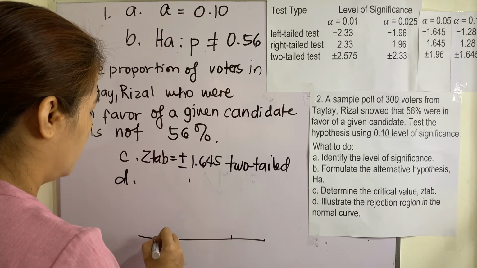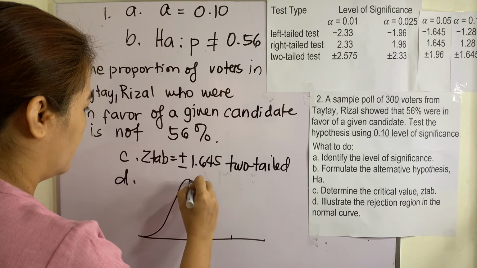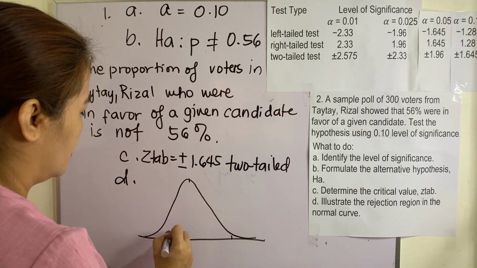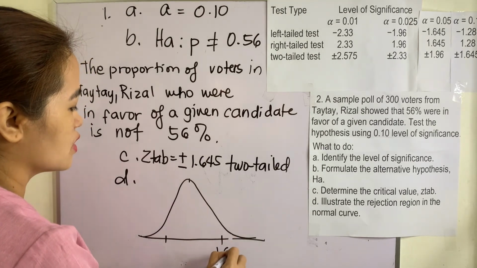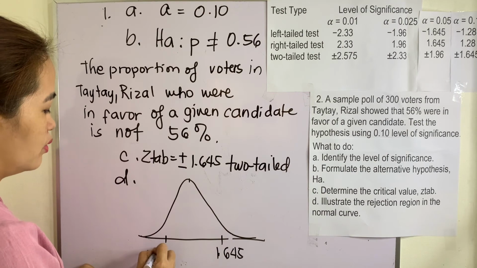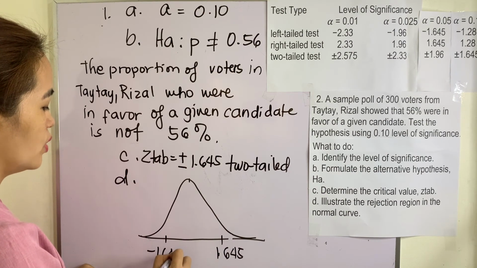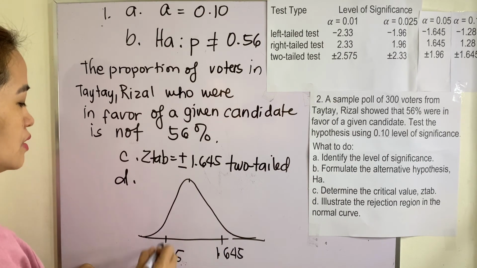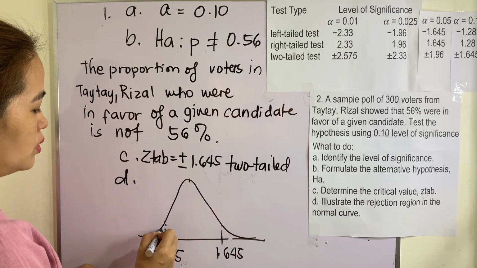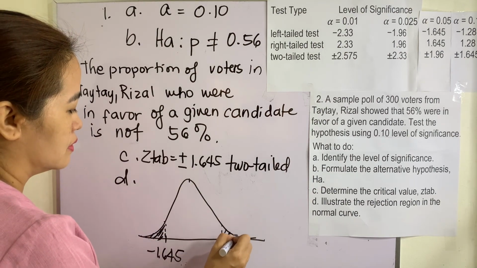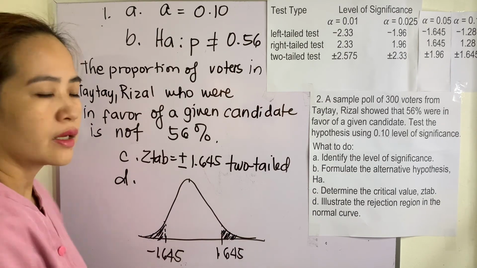So we have here 1.645 and negative 1.645. This one is the Z tab or the critical value. The rejection region will be this one, and this one. That's it.